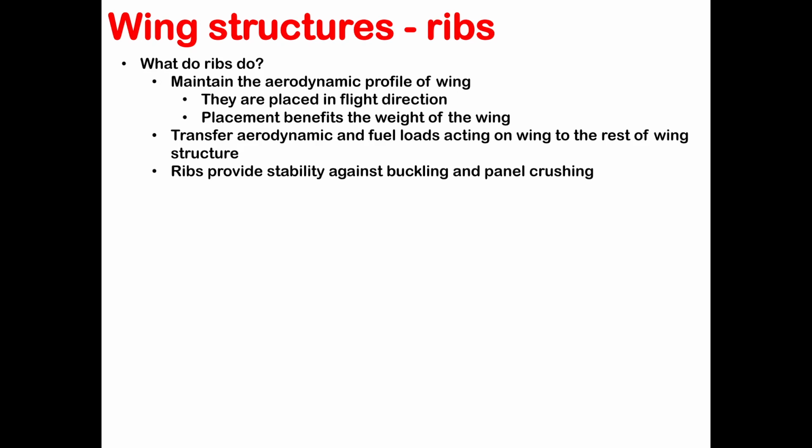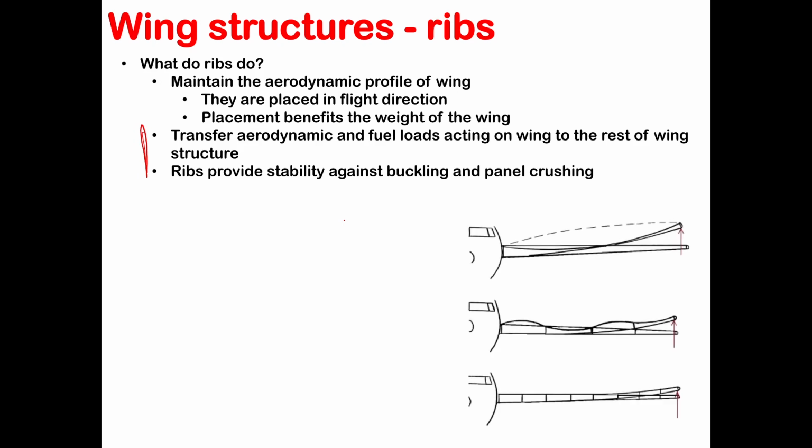They also provide stability against buckling and panel crushing. But what do these two mean? These two jobs the ribs have is that you're essentially making four different parts of the wing, which means that instead of a huge load being applied to your wing, and the buckling and bending problems that you're going to see because of that, you are going to distribute this load throughout all of these ribs, and the bending problem can eventually be solved by increasing the number of ribs.